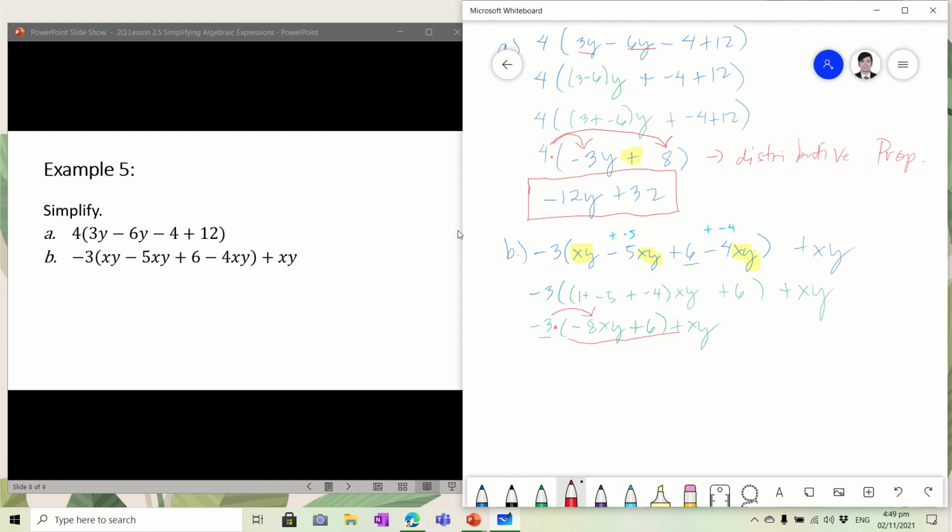Negative 3 times negative 8xy, negative 3 times negative 8 is positive 24. So don't forget there's an xy. Then negative 3, distribute it to 6. Negative 3 times 6 is negative 18. So this would be a minus 18.